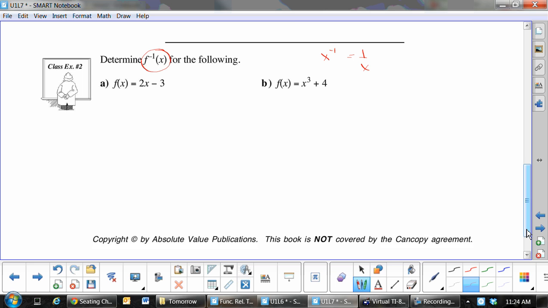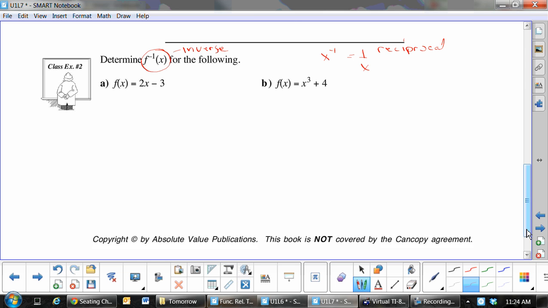So, when you have a variable to the negative 1, it means find the reciprocal. When you have f to the negative 1, it means find the inverse. It is the calculus students that will most come into this because of when they're doing reciprocal functions.